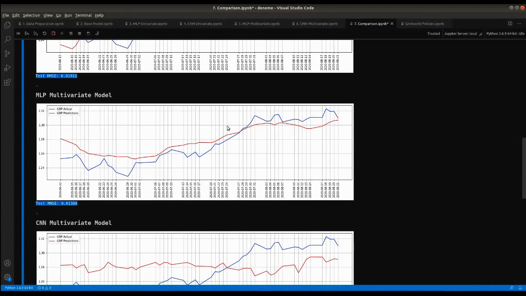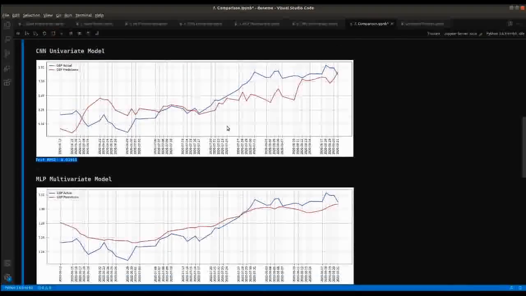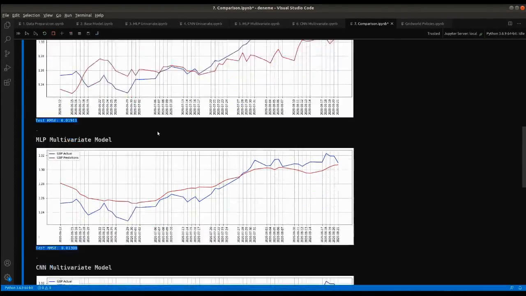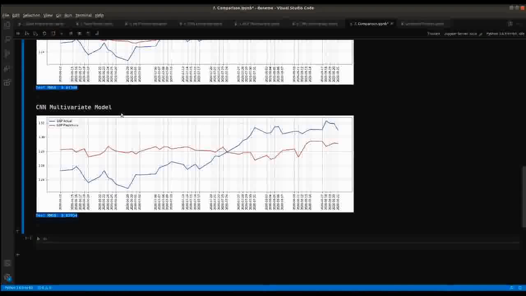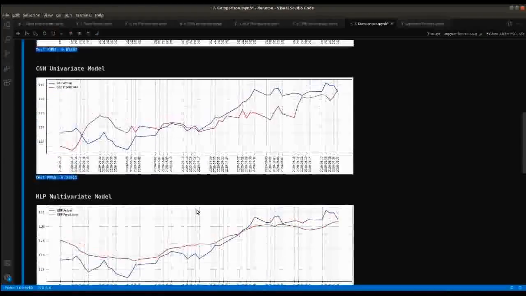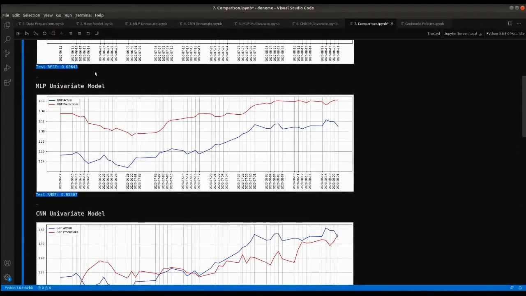Then comes the CNN univariate prediction process with 0.01911 and the CNN multivariate process with 0.02954 thereafter. The MLP univariate process has the worst score with 0.05807.